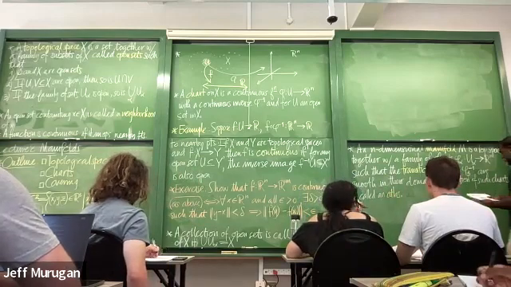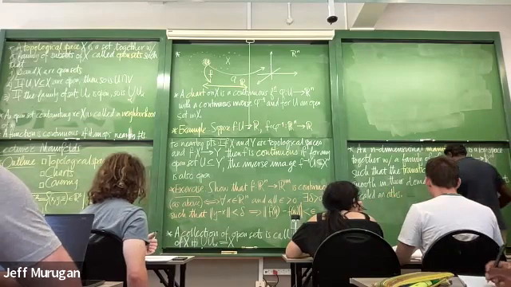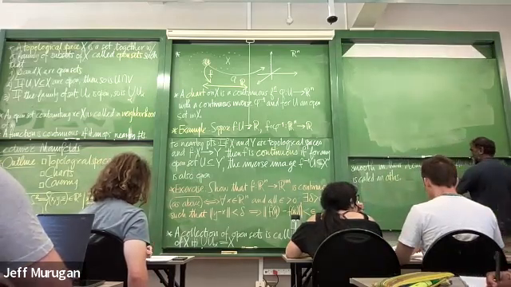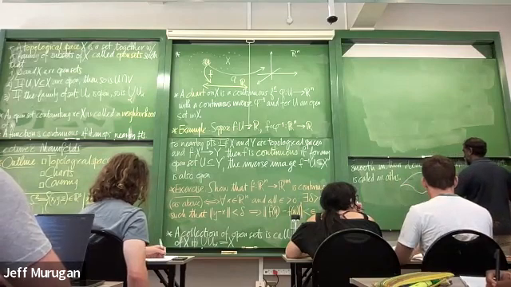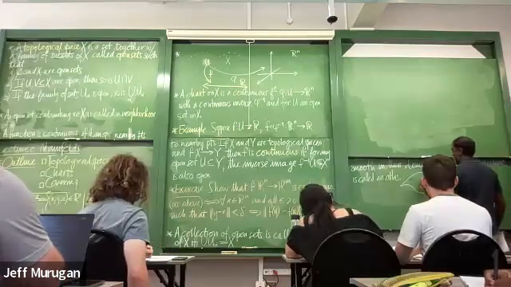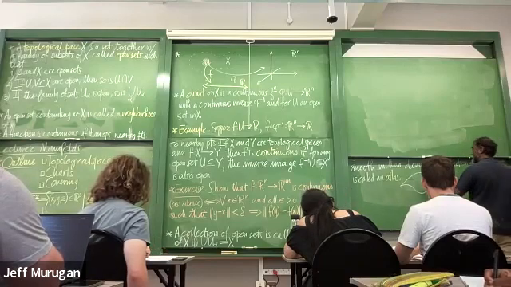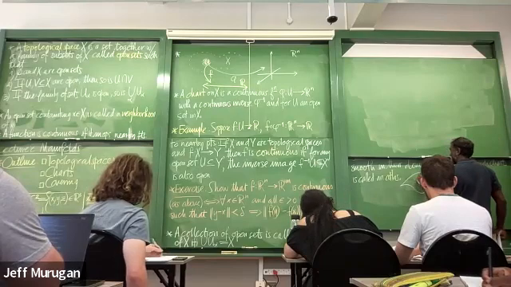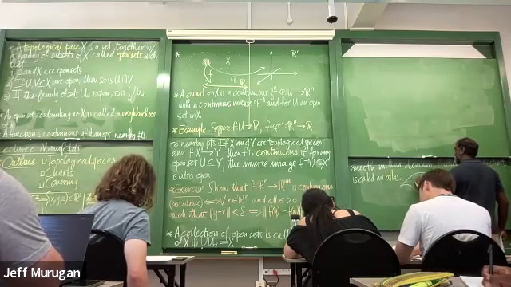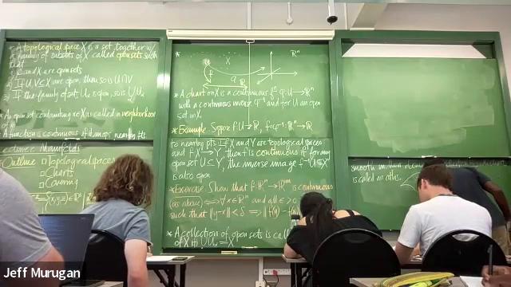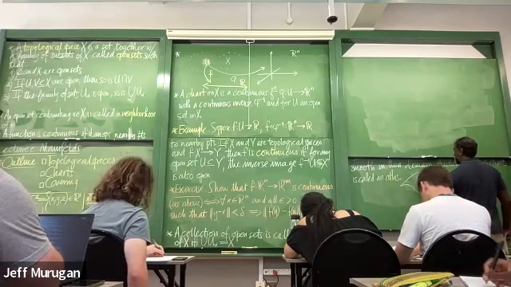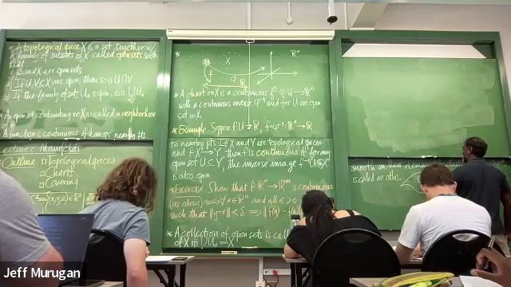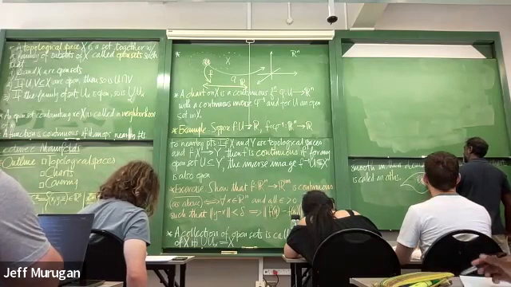So let's draw a picture of what this looks like. I've got my space M. I've got open sets U alpha and U beta.